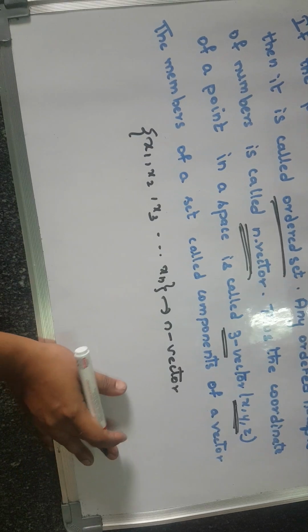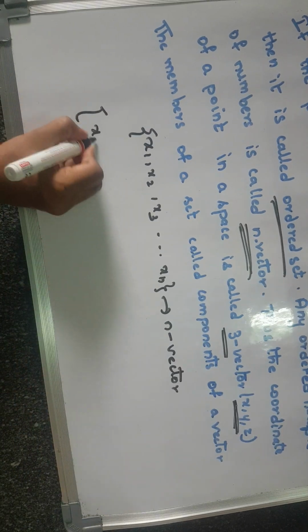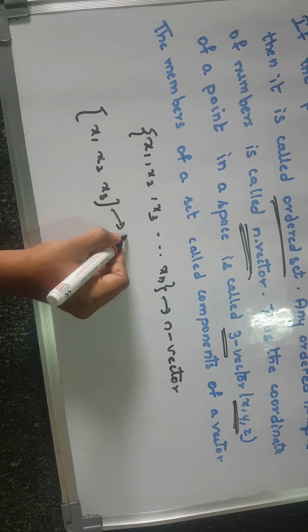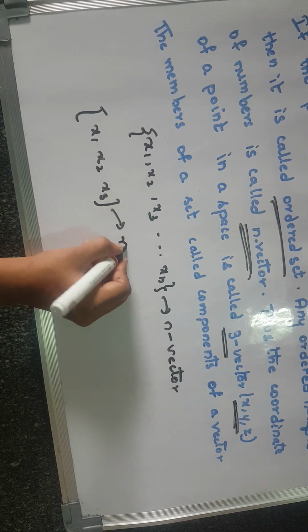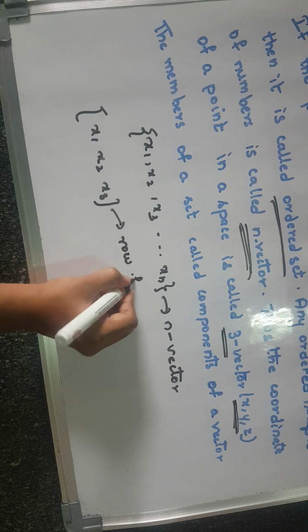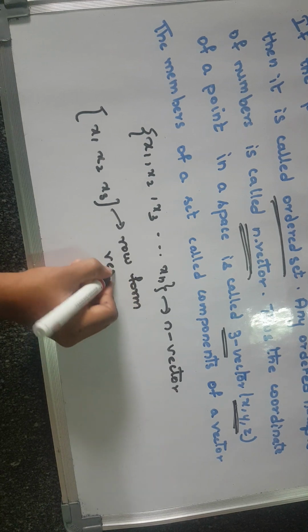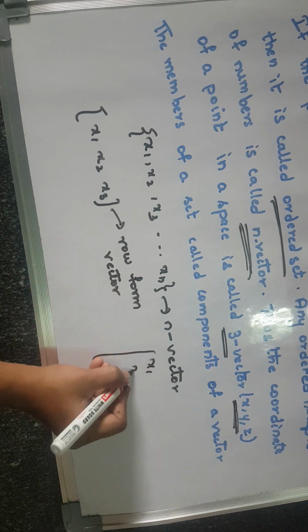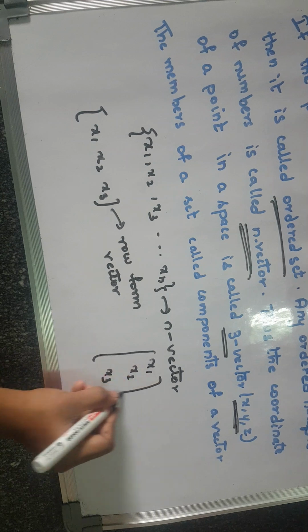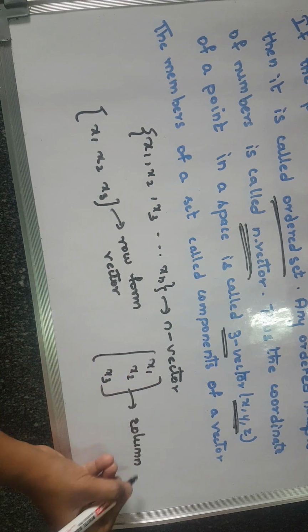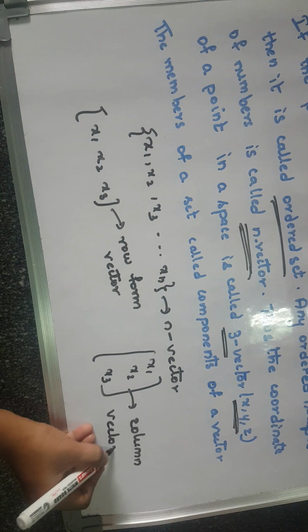In matrices, if you have x1, x2, x3 in row form, it is called a row vector. And if you have x1, x2, x3 in column form, it is also called a vector.